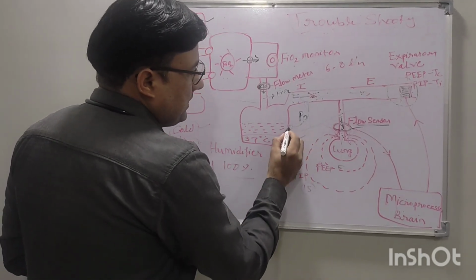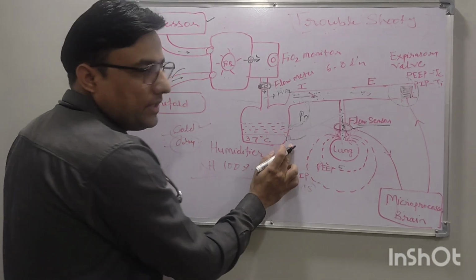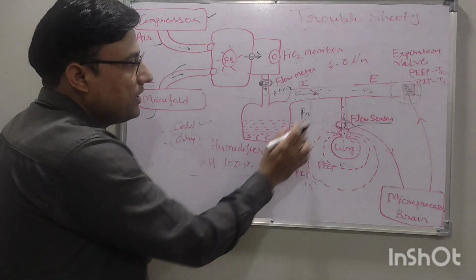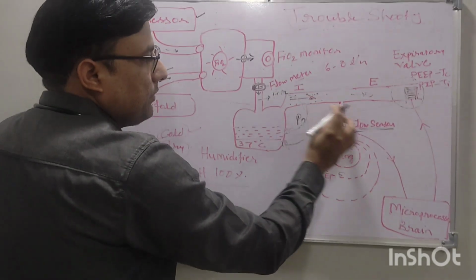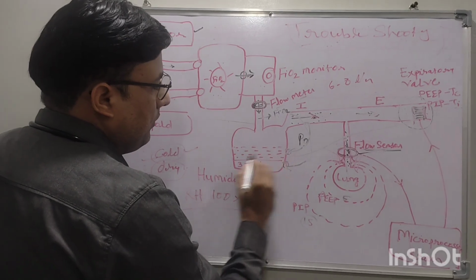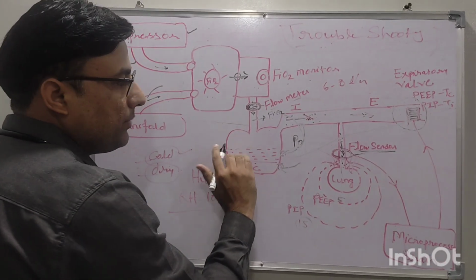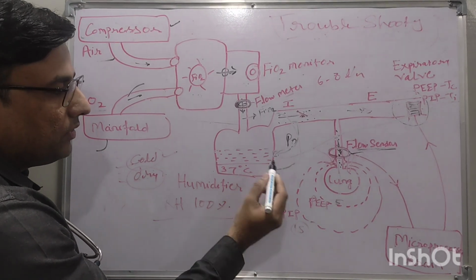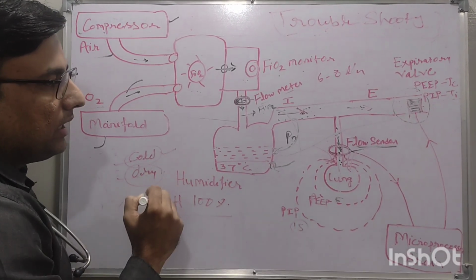So if the connections of the heating probe and temperature probe are loose, proximal or distal, then there can be an alarm. If the water level is low, if the water is finished, then also there will be an alarm. If the temperature is too high, sometimes going more than 41 degrees Celsius, then also there will be an alarm.